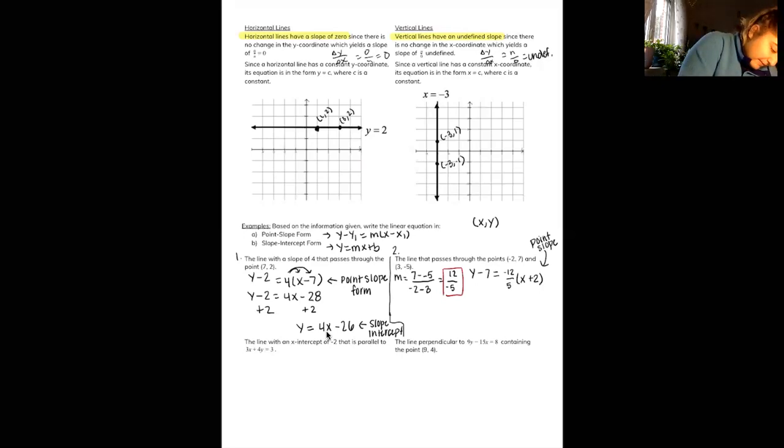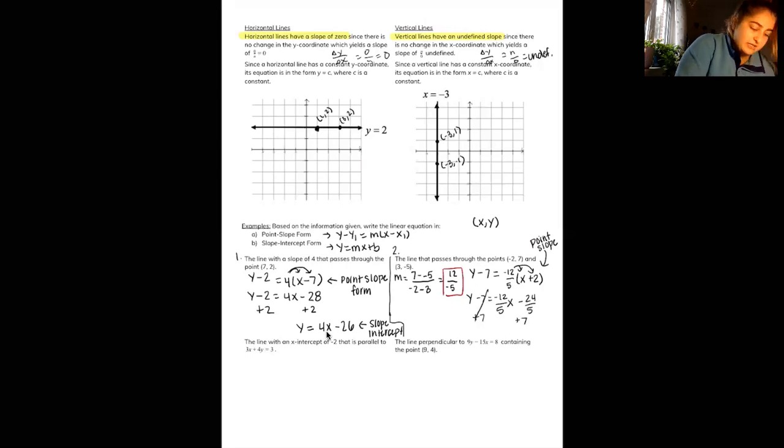So again, I'm going to distribute. And we shouldn't be scared of fractions. They're not scary. You're going to be okay. Don't worry. So I'm going to add 7 to both sides.